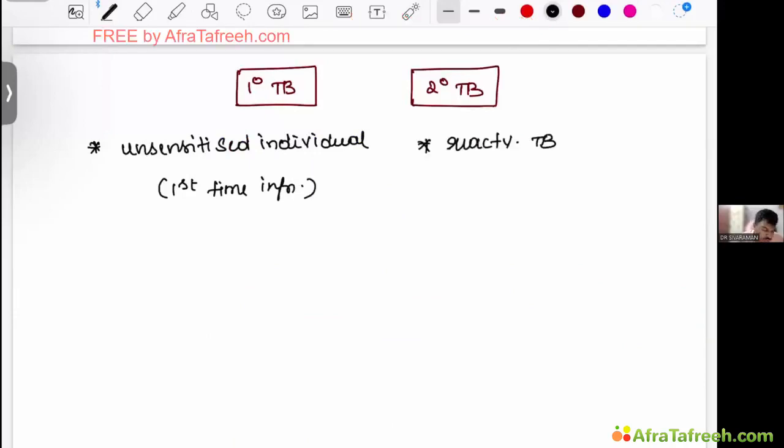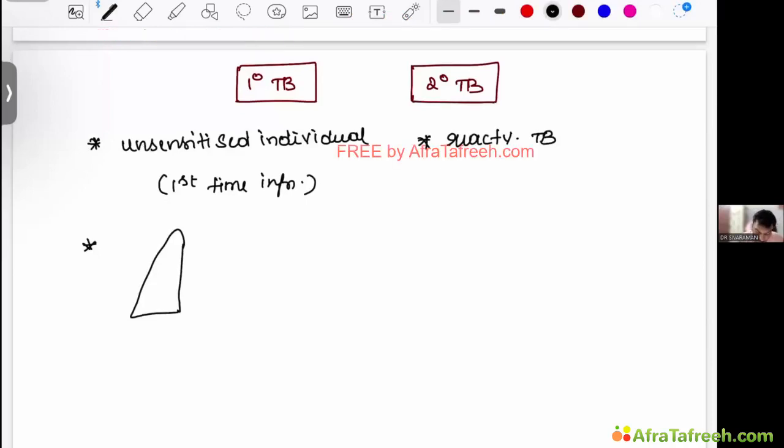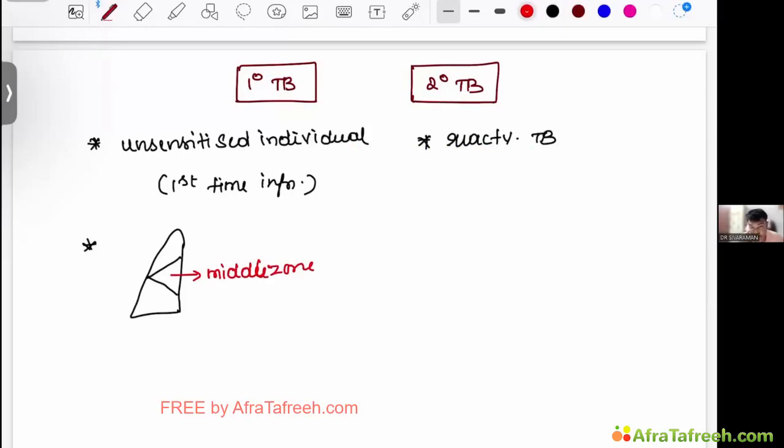The most common site in patients with primary tuberculosis is going to be the middle zone. The reason for involving the middle zone is that it has immediate blood supply and oxygen supply, so that is the zone of the lung with more chances of tuberculosis.